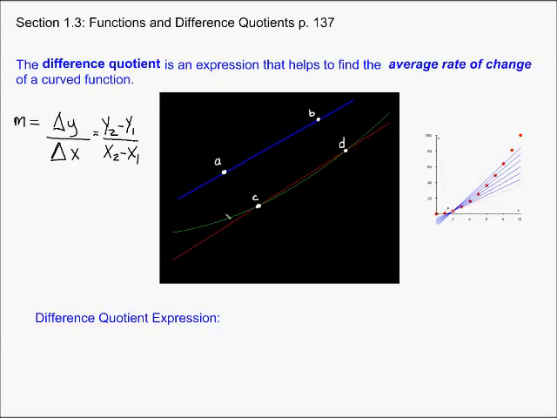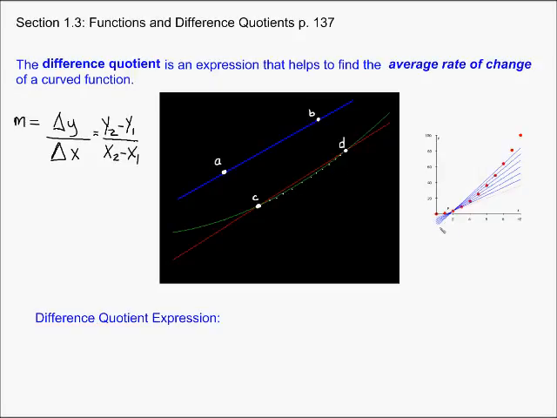To find the rate of change for a curved function, we would also look at the slope, but the difference here is that every point along this line is going to have a slightly different slope. So taking one slope is not going to help us. We need to take the average of all the instantaneous slopes.